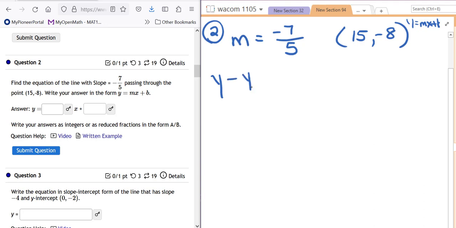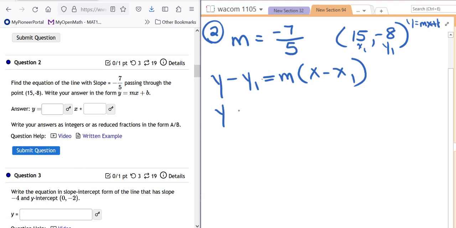So y minus y1 equals m times x minus x1. Good idea to say it every time you write it. You're hitting 3 senses. You're writing, you're seeing, and you're hearing yourself. So it will get in your long-term memory faster. Okay, so this will be x1, y1.